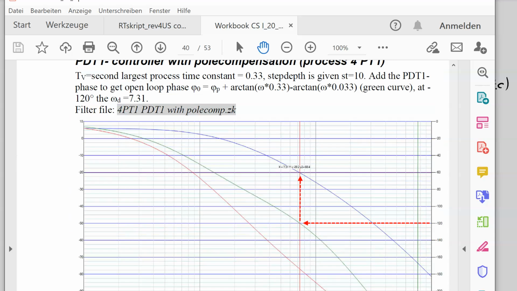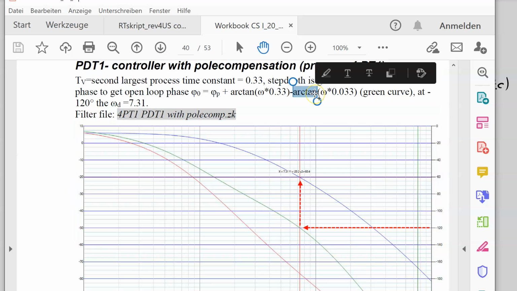We go back into the diagram, and here we can see, if we look at this crossover frequency up to my cross point of the process magnitude curve, which is the blue curve, that it is nearly very good, negative 20 dB.